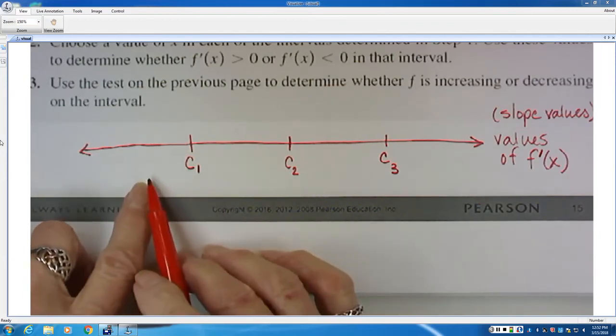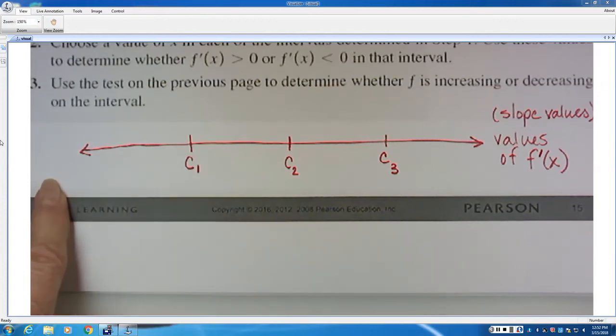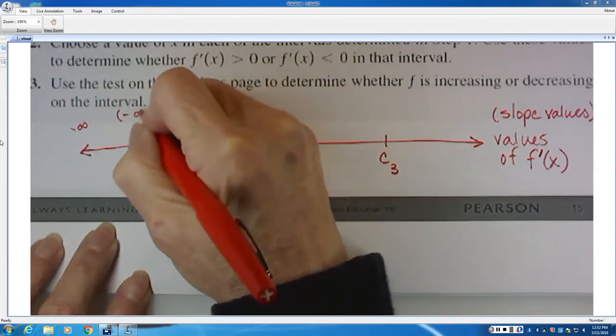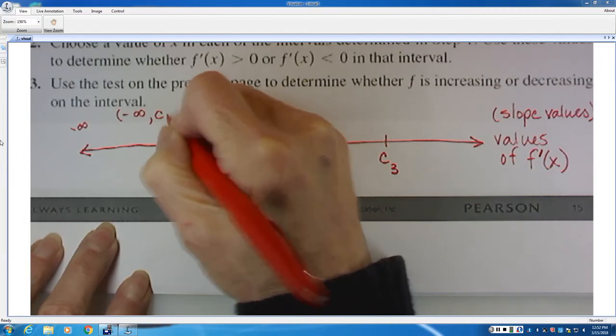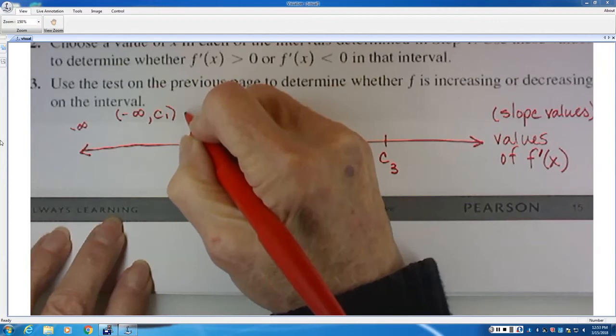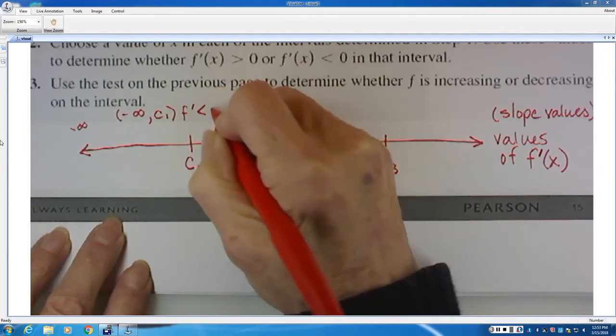How would I know if the function is increasing or decreasing on this interval? What if I told you that from negative infinity to C1, the derivative's value is negative?